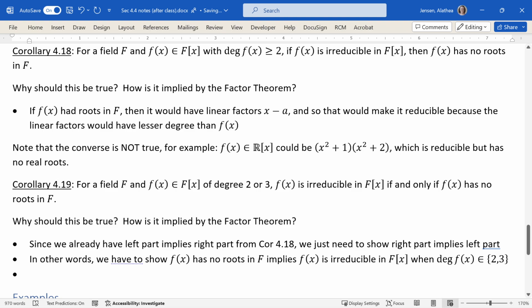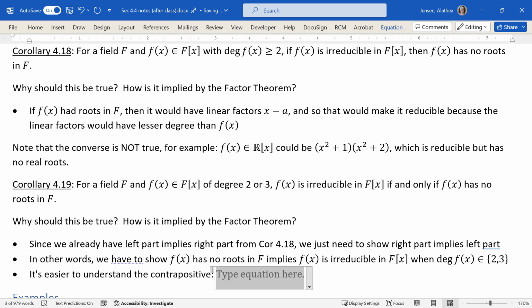In other words, turn it around and instead show that f of x being reducible implies that f of x has roots in F. So it's easier to understand the contrapositive, which is, let me just paste it again. So this one is reducible, implies this one does have roots.